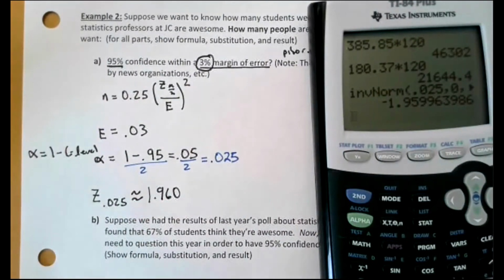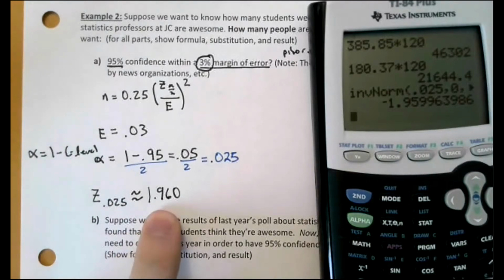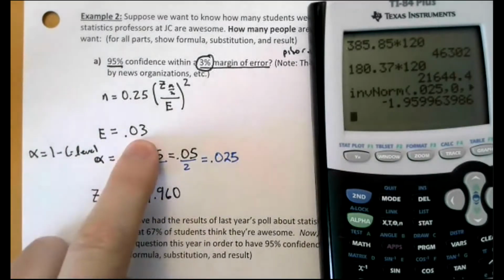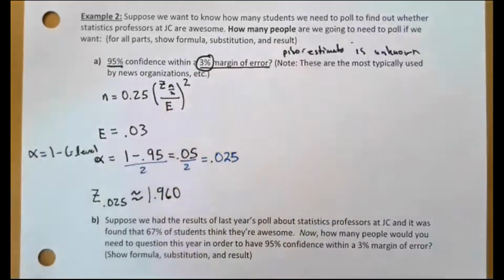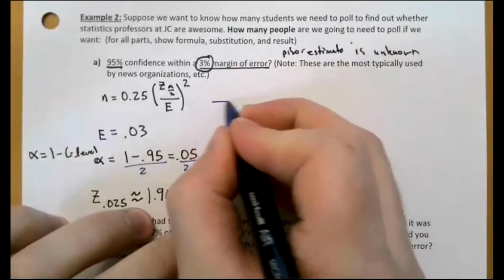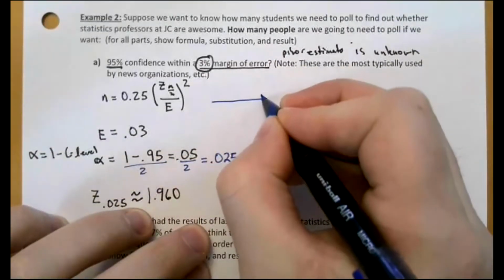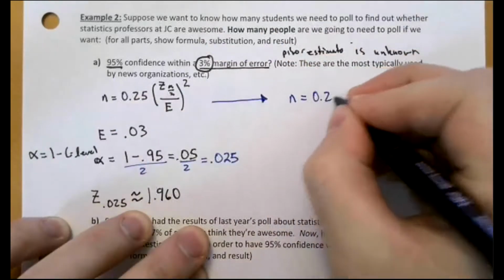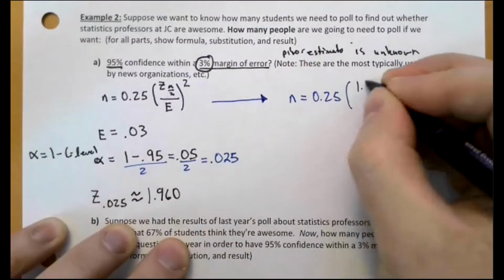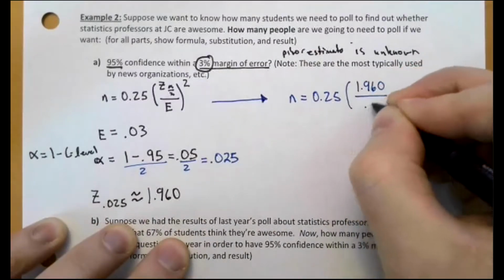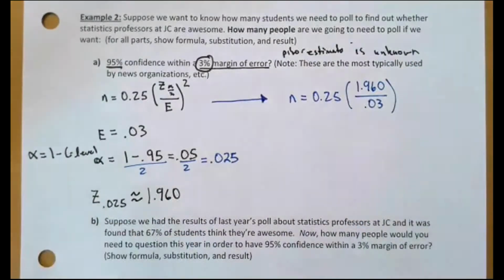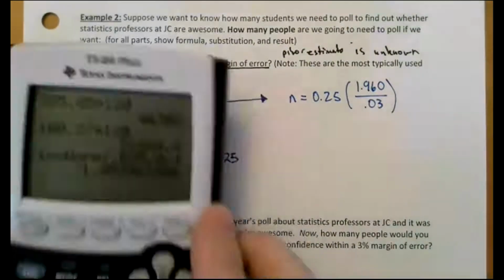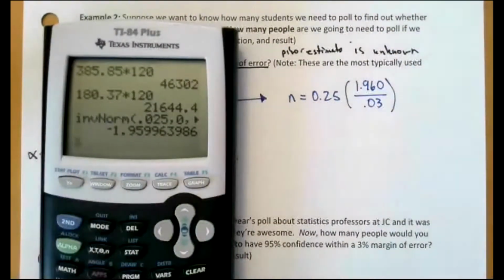Okay, we have everything we need. We've got our Z alpha divided by 2, we've got our E, and now we just plug it into the formula and calculate. Unfortunately, the calculator does not have a function to do this, so we have to do it by hand ourselves. So there are the numbers in the formula.